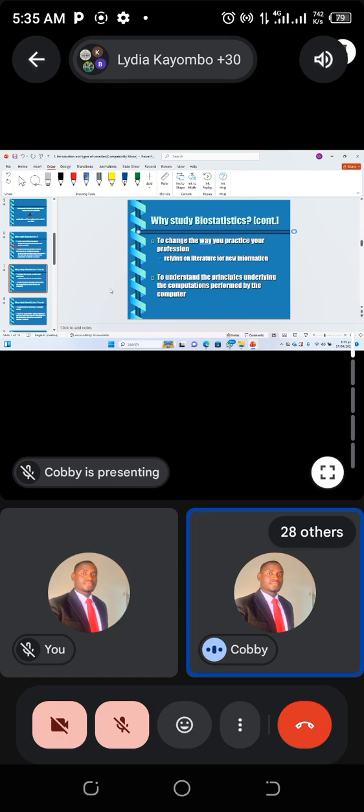So SPSS is more like a calculator where you enter your variables, your numbers, and you do some calculations to find out whatever you are interested to find out. So biostatistics is going to help you understand the outcome from the computer.